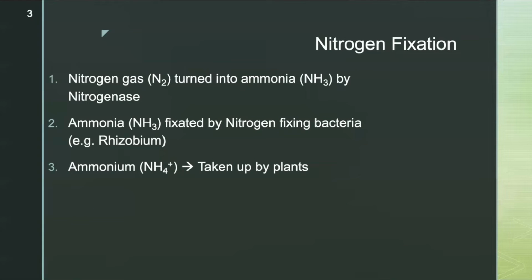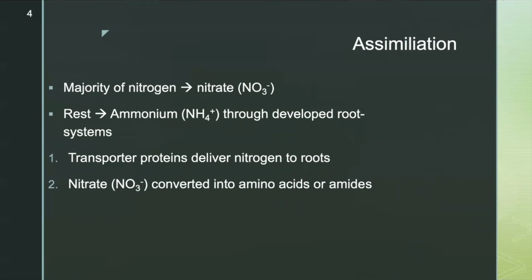Of course, plants cannot take up infinite amounts of ammonium, which is the reason why they need to turn ammonium into nitrites and nitrates. The procedure by which plants absorb the usable forms of nitrogen is known as assimilation. The majority of nitrogen is absorbed as nitrate, but some is also absorbed as ammonium through well-developed root systems.